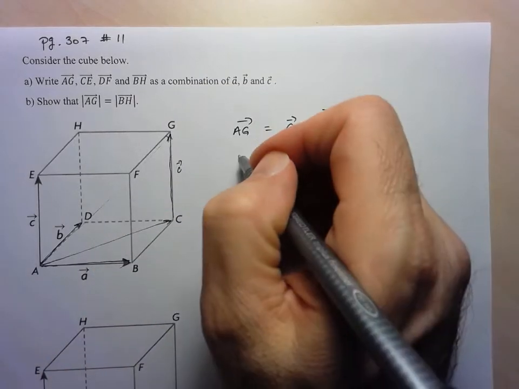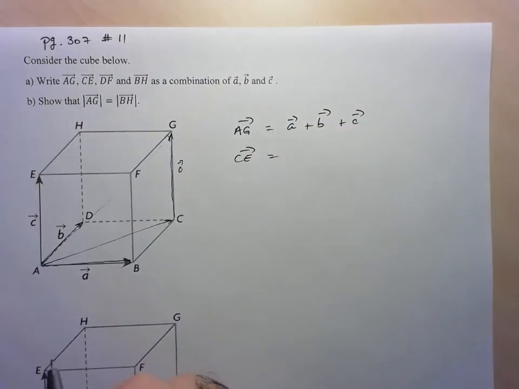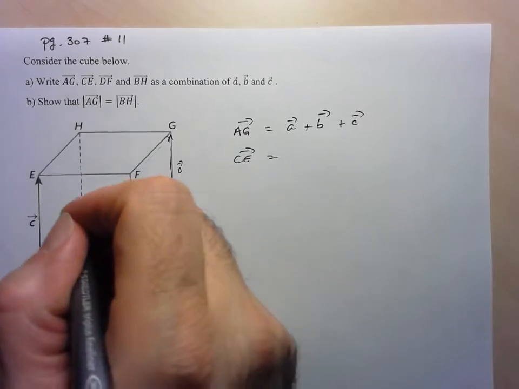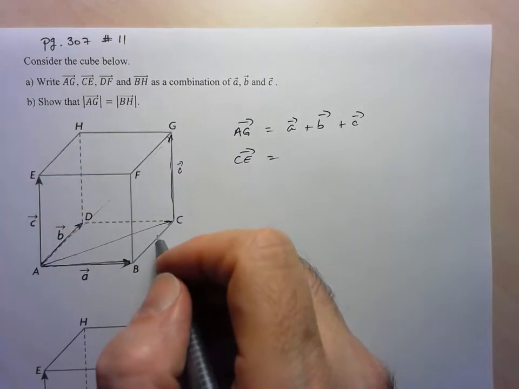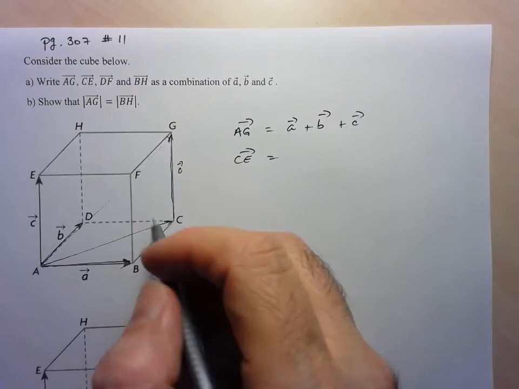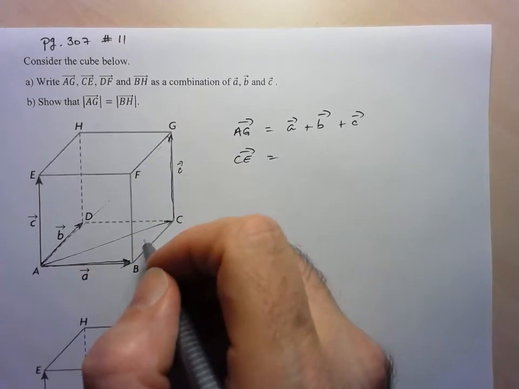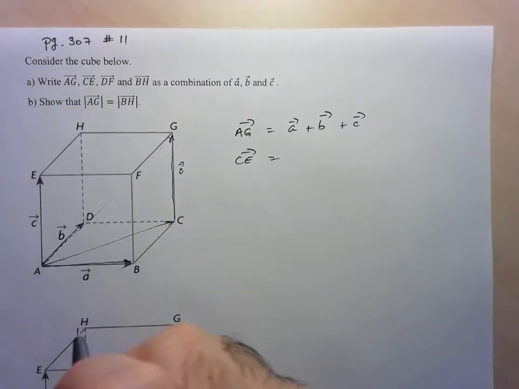Here we want CE. CE goes from here to there. There are different ways of approaching this, but I'm going to use the same idea as before, that I'm going to start all my vectors from this corner here.